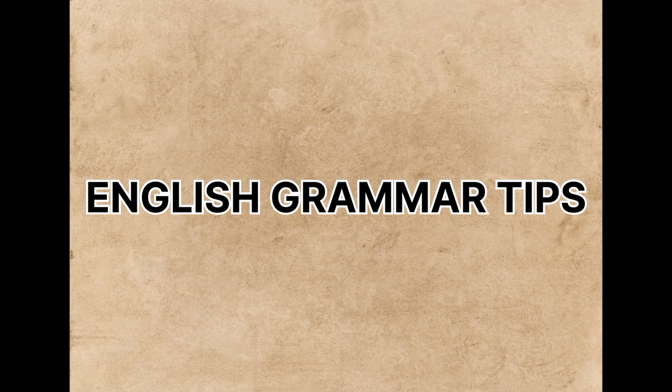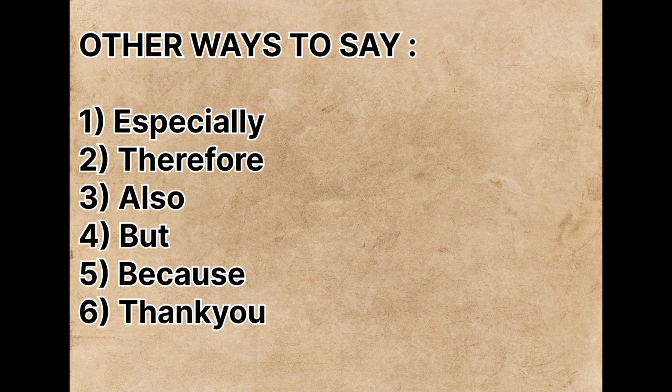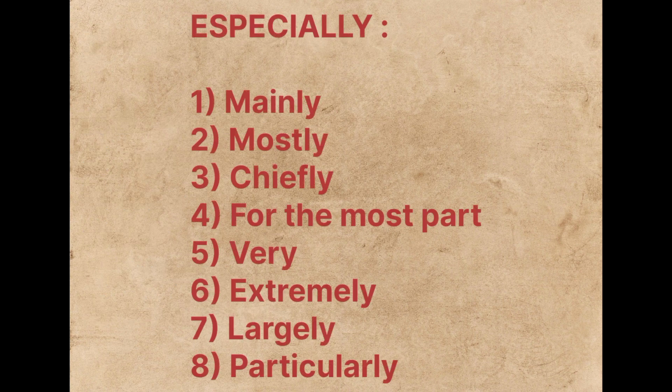English grammar tips. Other ways to say specially, therefore, also, but, because, and thank you. Other ways to say specially: mainly, mostly, chiefly, for the most part, very, extremely, largely, particularly.